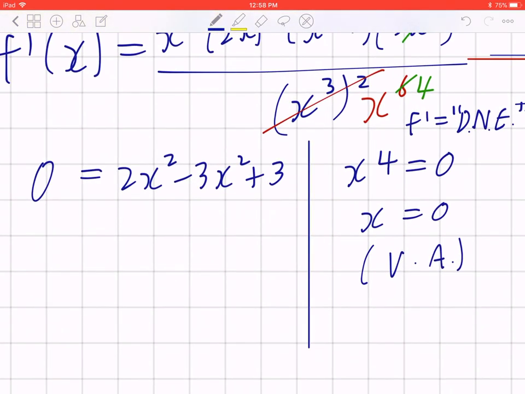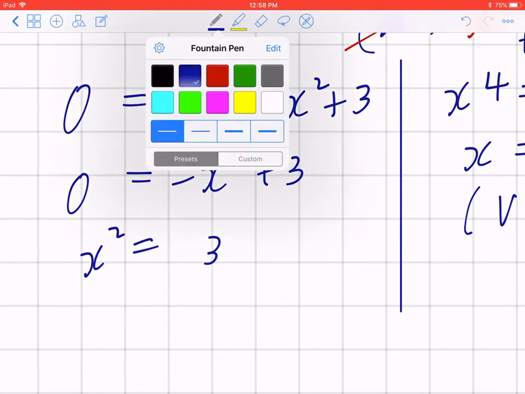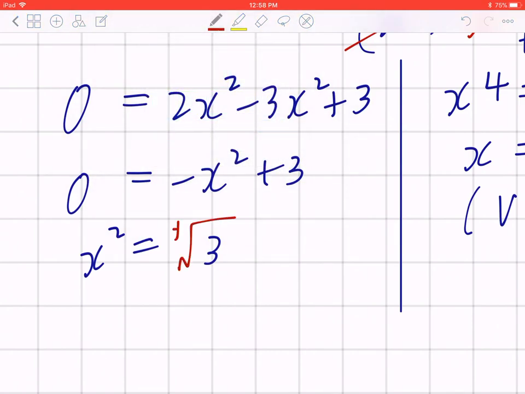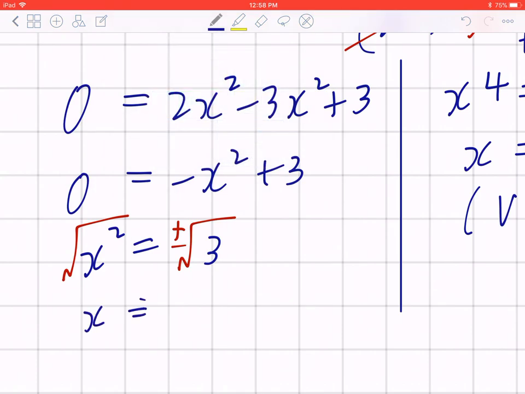In the first column, if you solve this, 2x² − 3x² is −x² + 3, which means x² is going to be 3. Don't forget there are two cases. When you find the square root, there's a plus and a minus that you have to look at. So x equals approximately ±1.7.